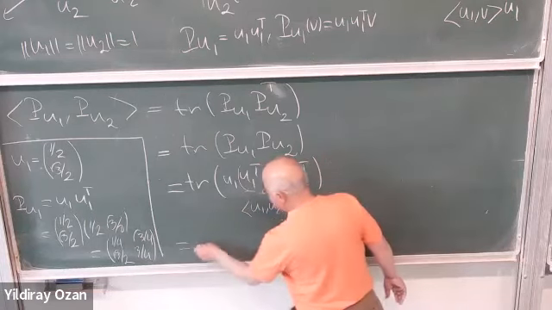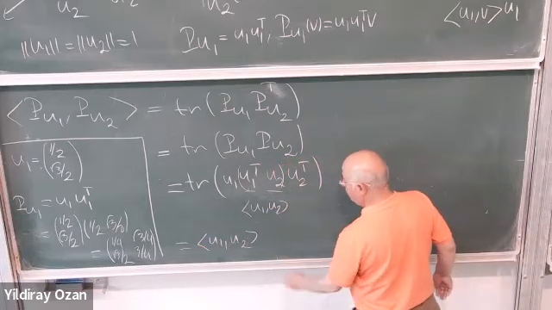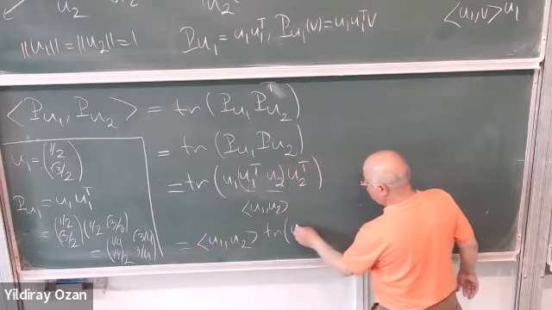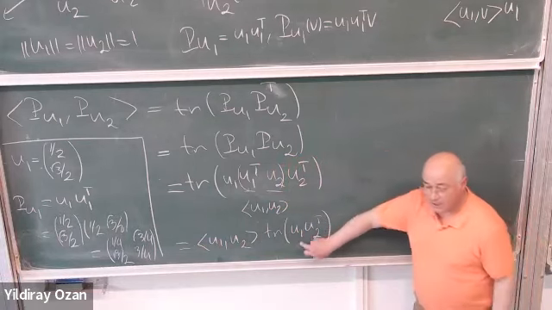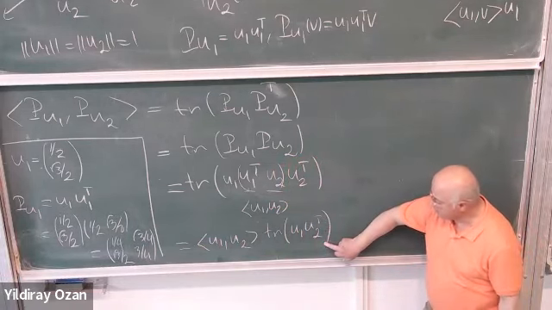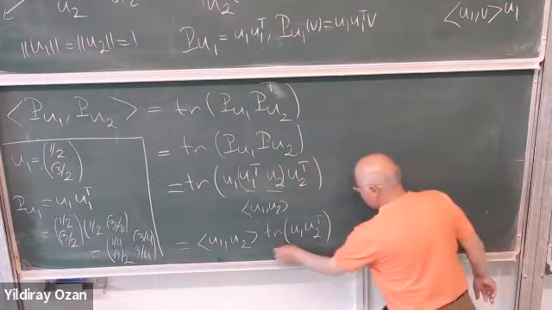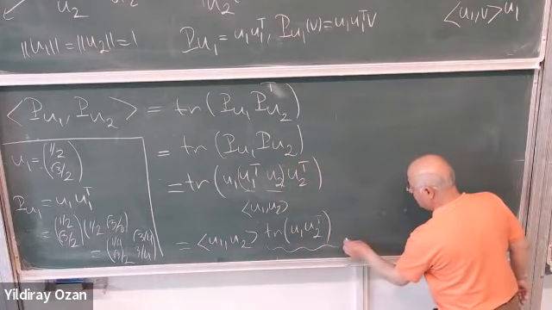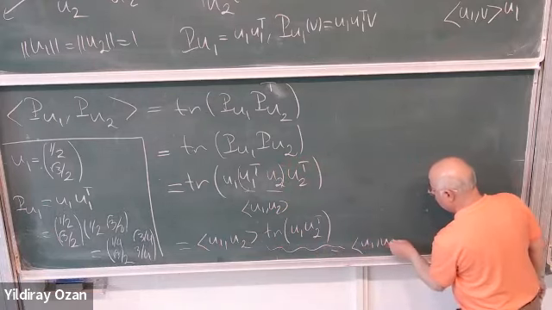I can just take it outside, U1, U2. And then I have trace of U1, U2 transpose. This is not inner product, right? This is not inner product. But when you take the trace, this thing is also equal to U1, U2.